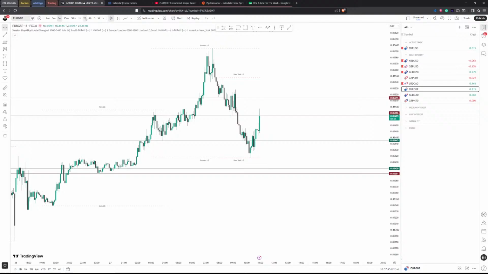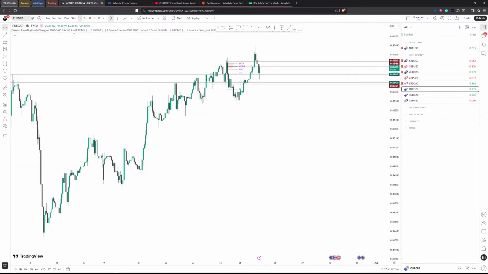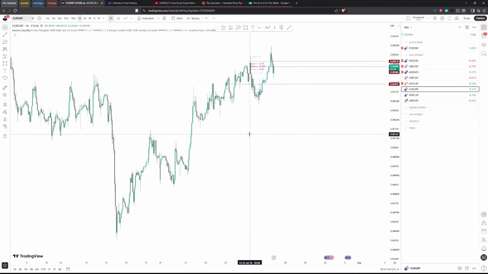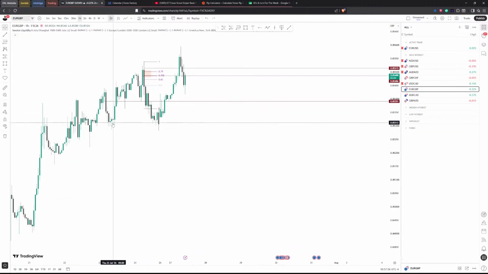The only thing about this is probably going to be the idea that these ones need to go. We don't really have a clean liquidity sweep funding the push, just to pull back into this area here.